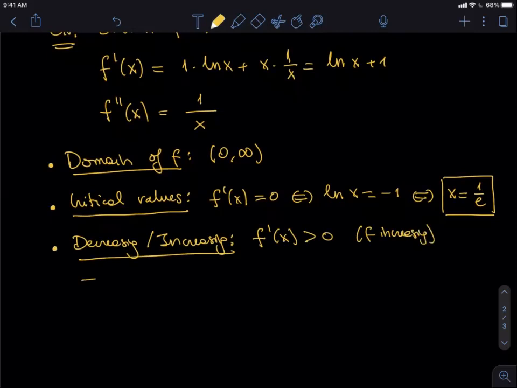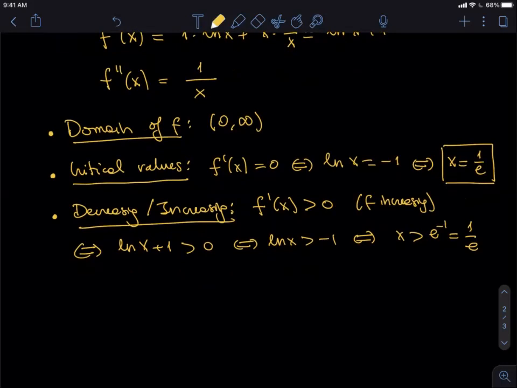This is if and only if logarithm of x plus 1 is positive. That means logarithm of x bigger than -1. That means x bigger than e to the -1 equal 1 over e, and decreasing otherwise.